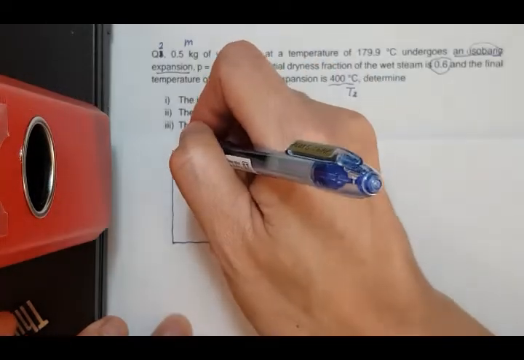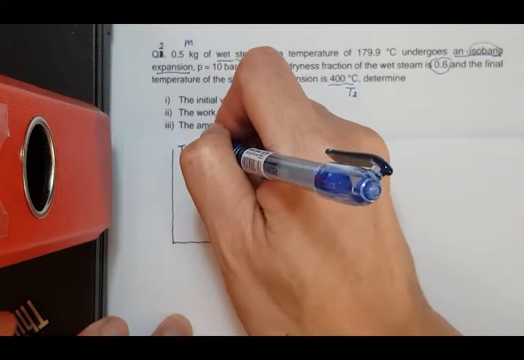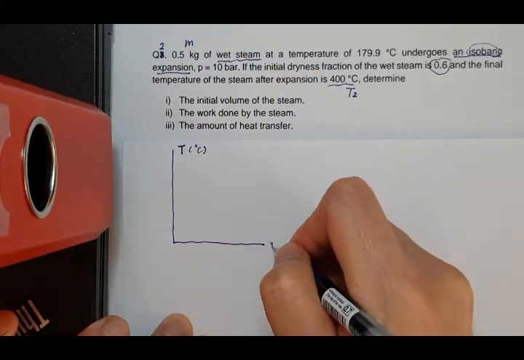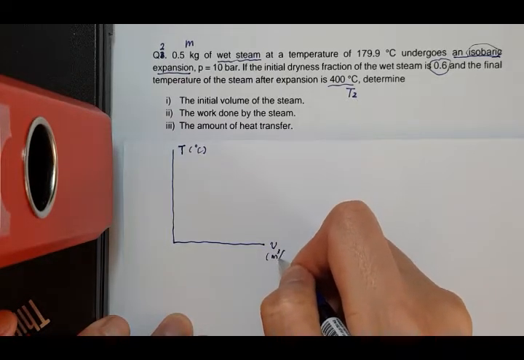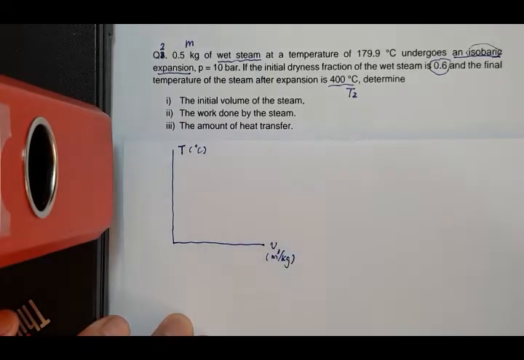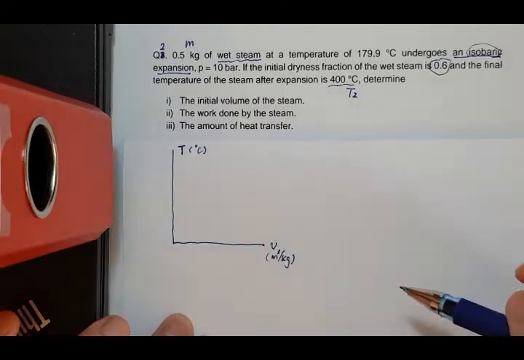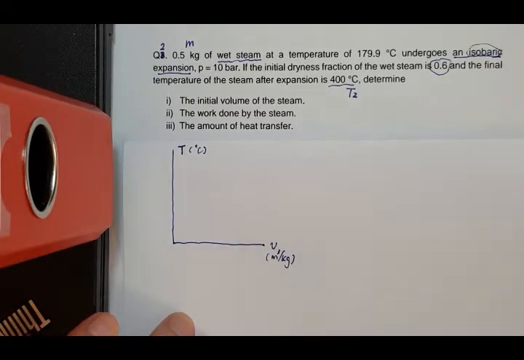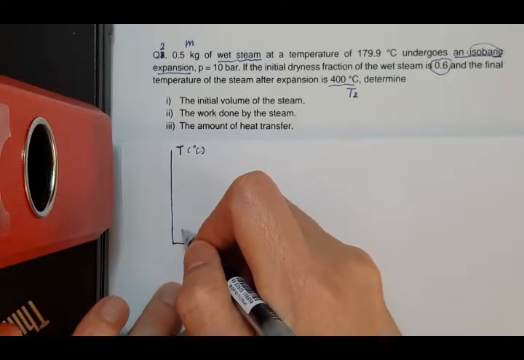So the y-axis will be the temperature in centigrade, and this is the specific volume, v, in cubic meter per kilogram. To plot any diagrams on this T-v diagram, especially for the steam and water system, in which there's a phase change involved, we need to plot a dome shape like that.